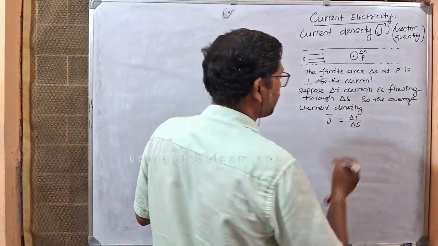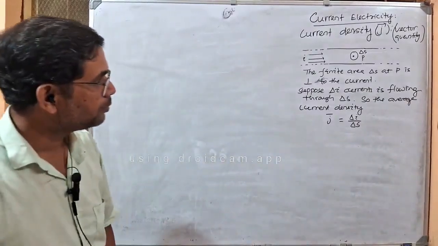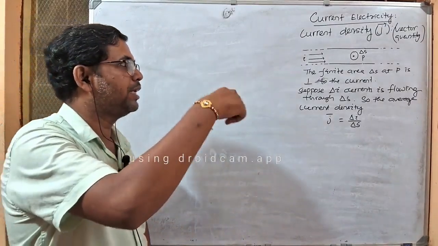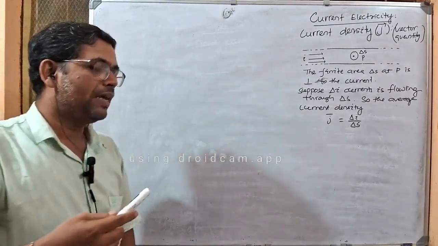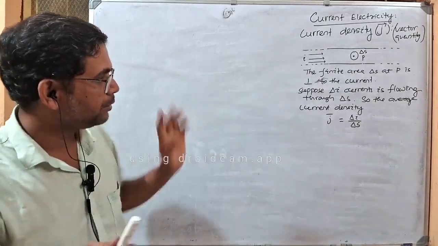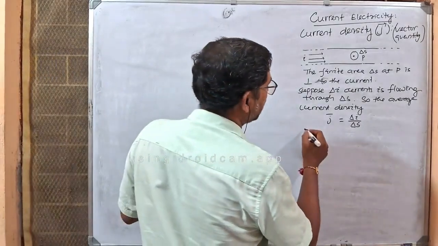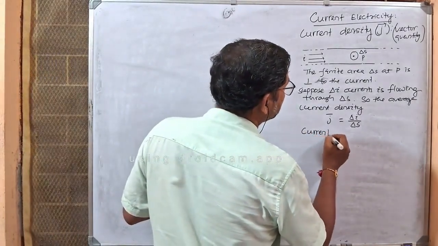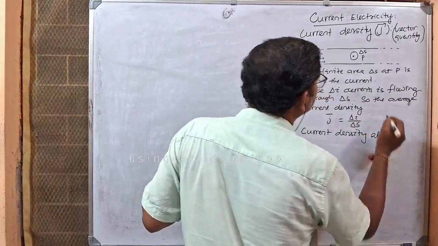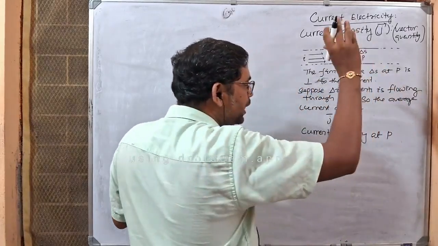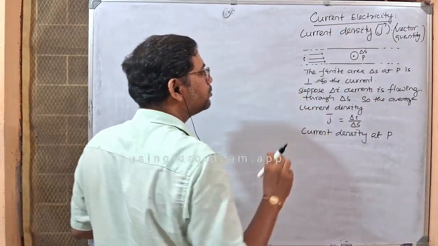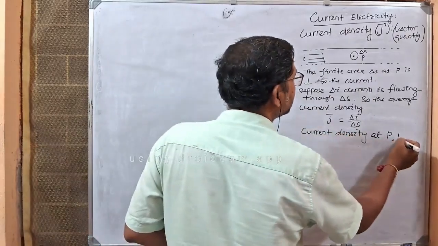So the area surrounds the point. If I want to calculate the current density at P, then I cannot make that much area. I have to reduce the area to a very small size.